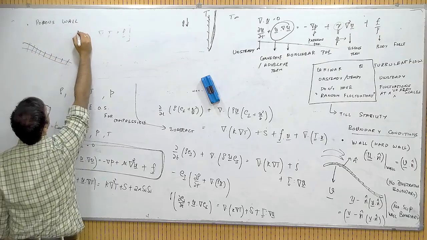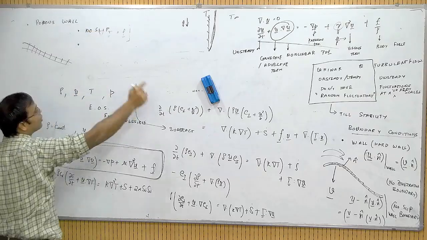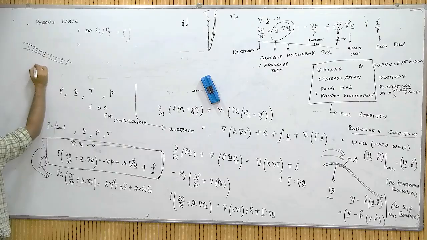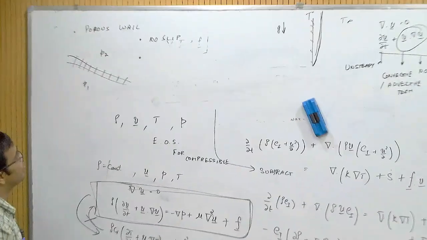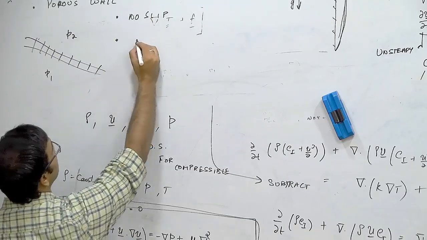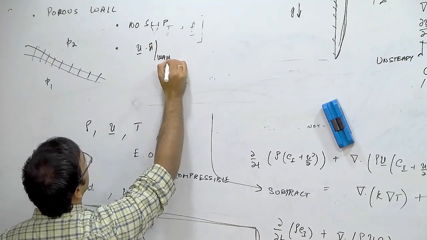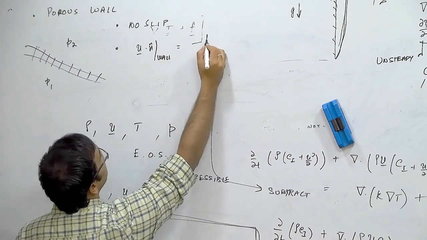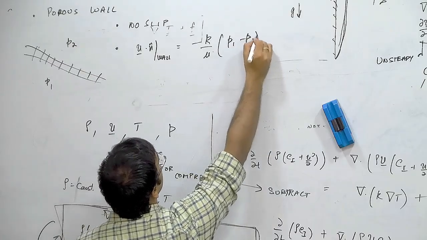And then you say that there is no slip. So, no slip exists, and for the normal velocity, what we have to define is there is a pressure difference between the two sides of the wall, and what we say is that u dot n at wall is equal to minus k by mu p1 minus p2.